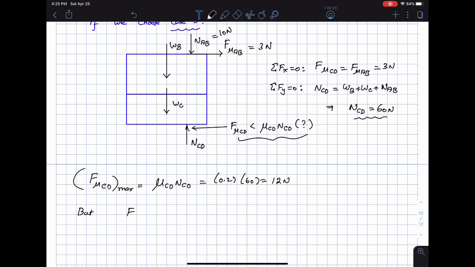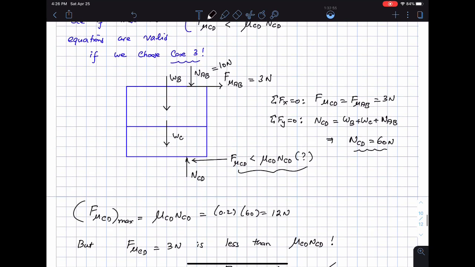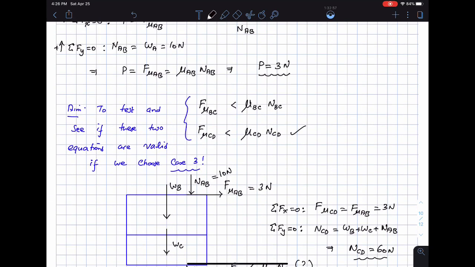But F mu CD from calculations is equal to 3 newtons, which is less than mu CD times NCD. Okay, which means that we know F mu CD is less than mu CD times NCD. So one of the inequalities has been satisfied. We need to satisfy the next one.